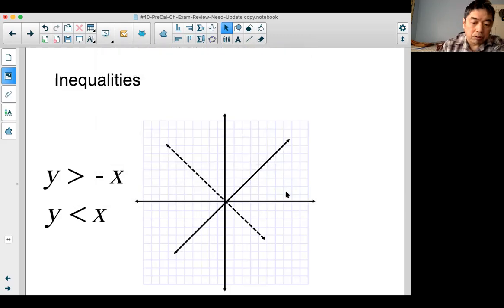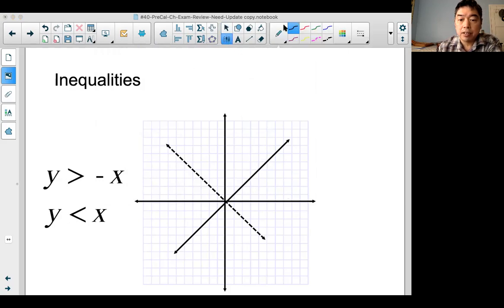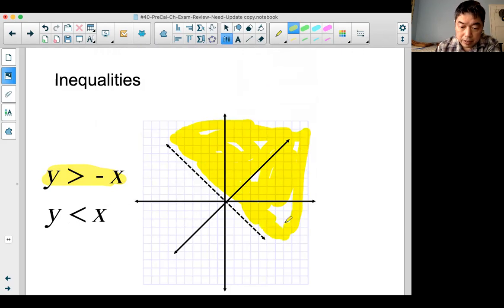Okay, if you highlight this, the region up here with the yellow highlighter has to be above, right? So this is the dotted line, above. I make this location yellow.